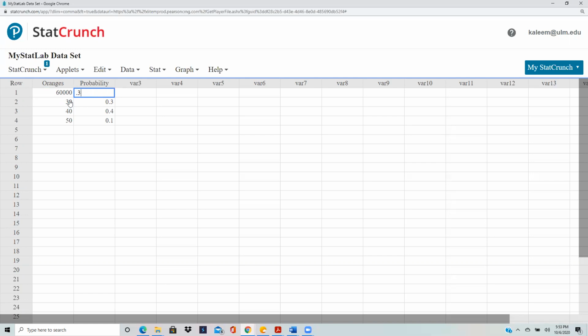And then you were getting 10,000 with moderate economy, and moderate economy was 60%, so that's 0.6. And then you were having a loss, so you'll put the loss as negative, so negative 60,000. And the probability of that was 10%, so 0.1. And then you erase that unnecessary thing.